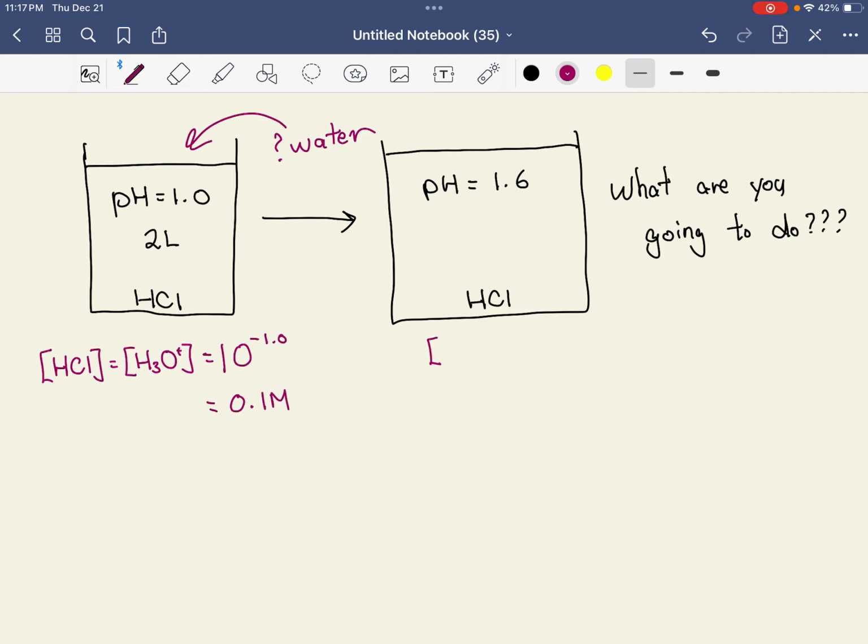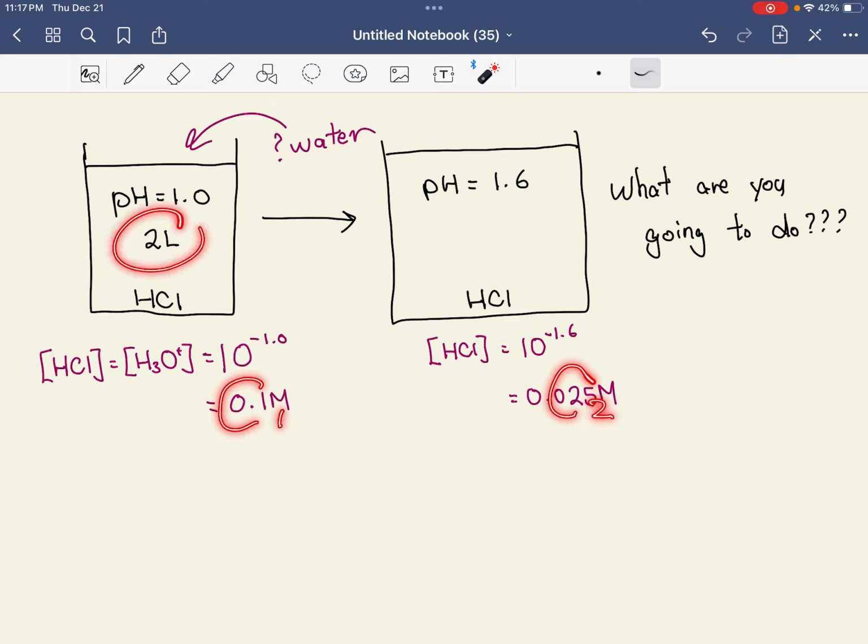Let's take a look at here. HCl is equal to 10 to the power of negative 1.6. Okay, so 10 to the power of negative 1.6, that will be 0.025. So, hey, this is my C1, this is my C2.